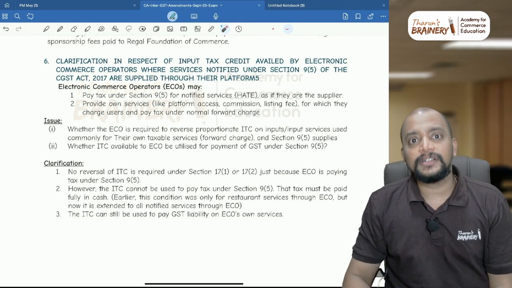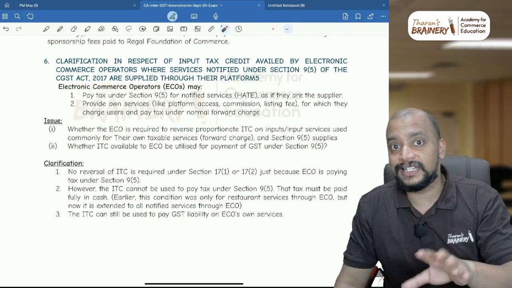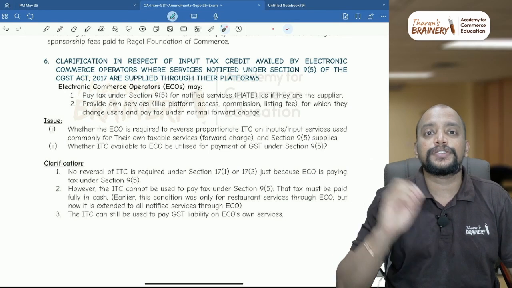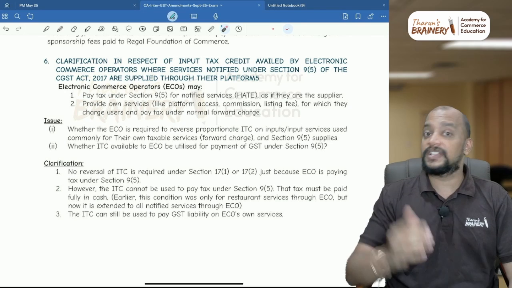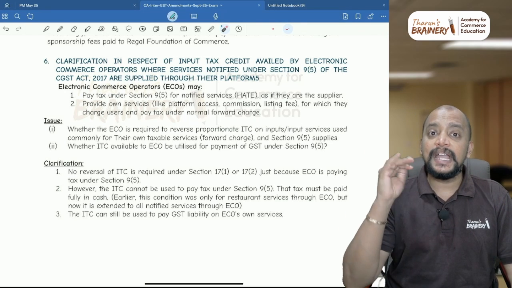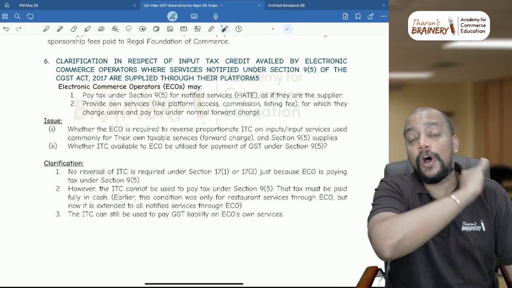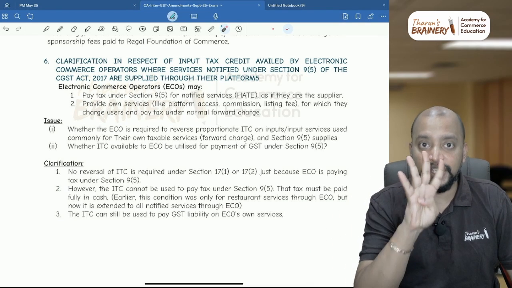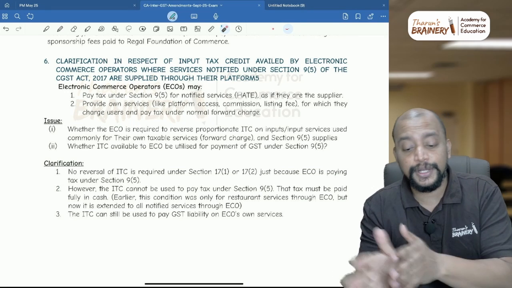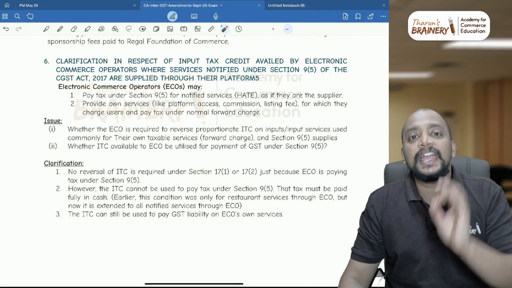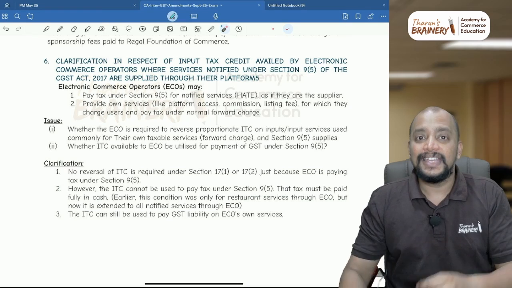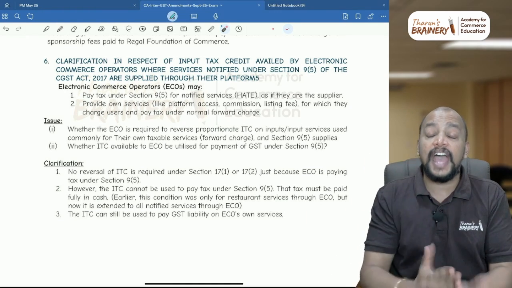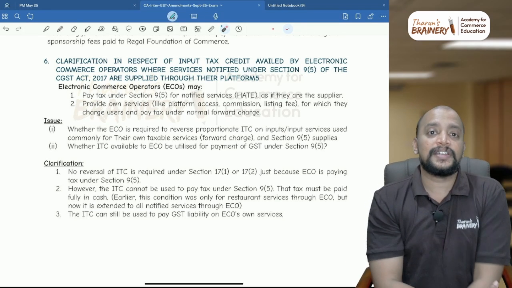So before amendment, they could use both credit ledger and cash ledger for a few services, but for restaurant service only, eating food through restaurant, they had to pay through cash ledger. But now CBIC gave a clarification that for all 4 notified services under 9(5) supplied through an e-commerce operator, where the liability to pay GST is on the e-commerce operator, they cannot use input tax credit, means they have to pay only using cash ledger.